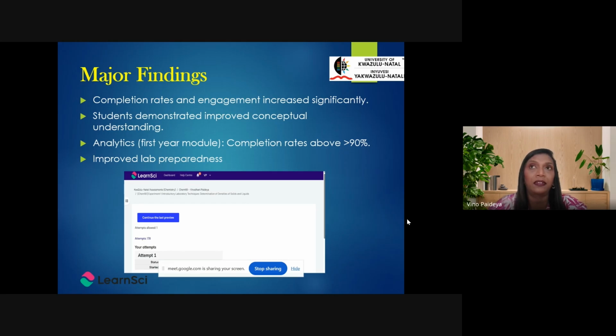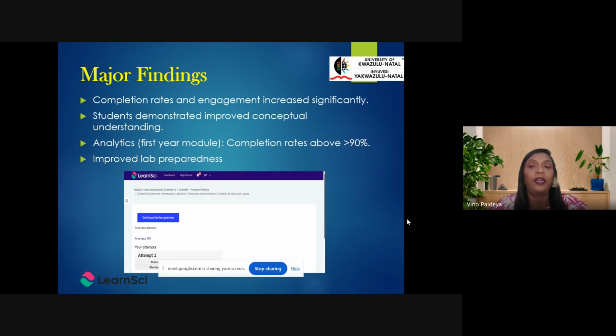However, there is that small 5% who regularly do not attempt for whatever reason. Either they were not well, they had too many tests to deal with and just let the pre-lab slide because they believe that the lab holds a higher mark.